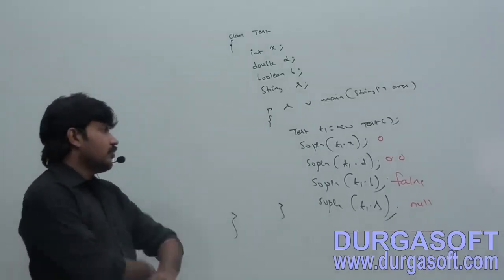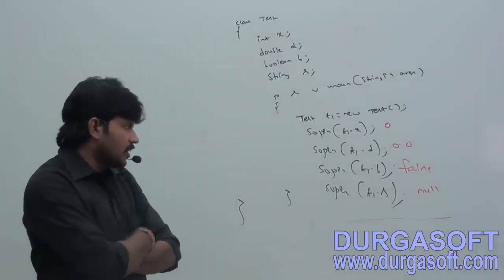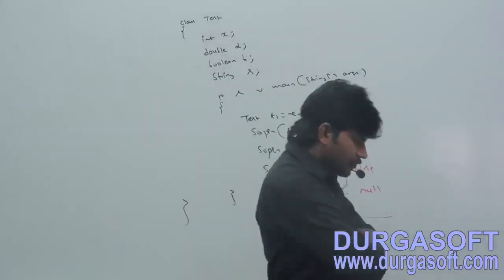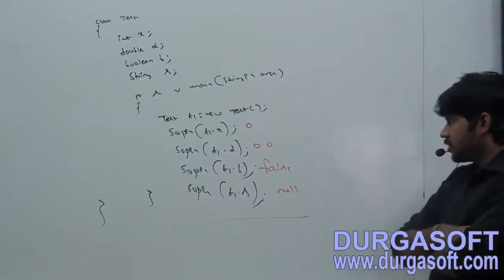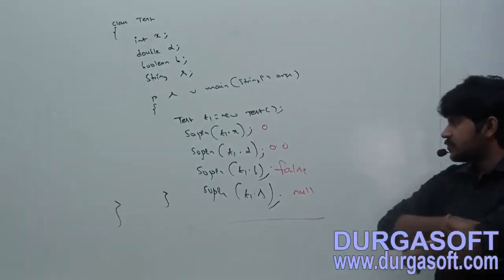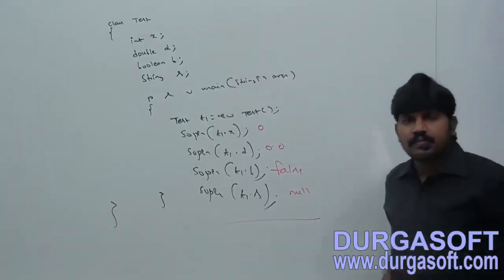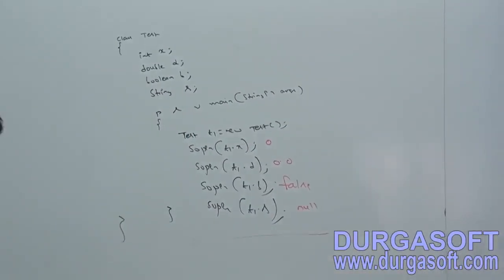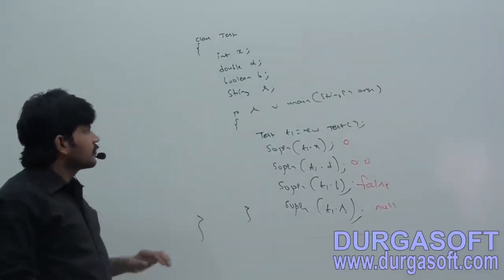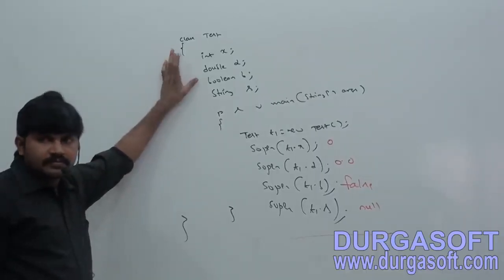Test t1 is equal to new Test, SOP of t1.x gives 0, SOP of t1.d gives 0.0, t1.b gives false, t1.s is nothing but null. t1.s is null. Completed, right?